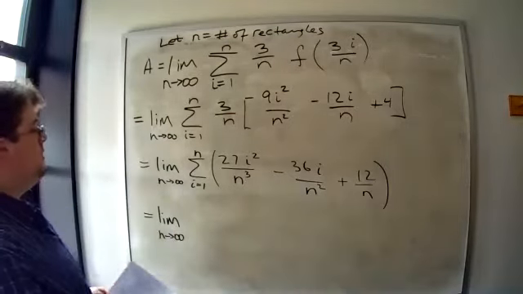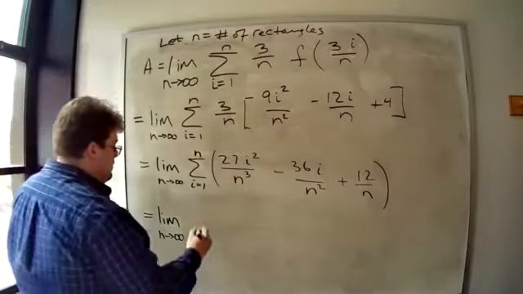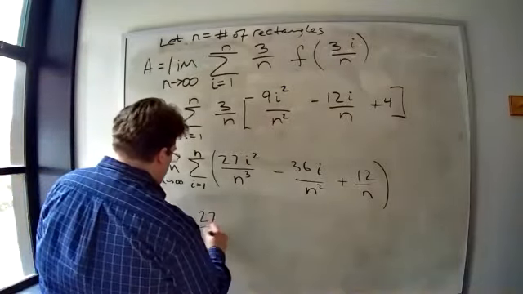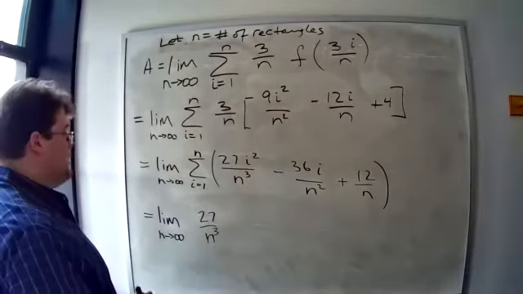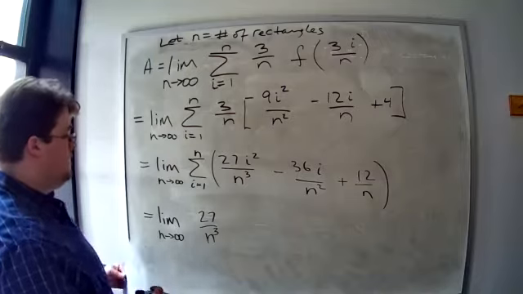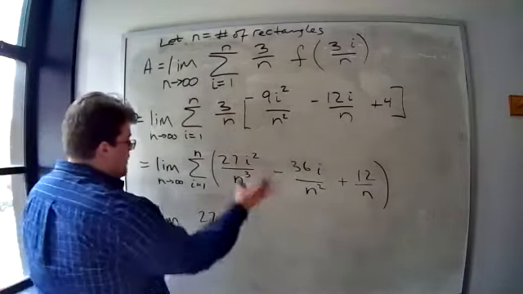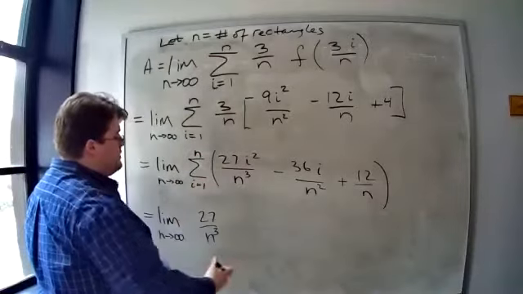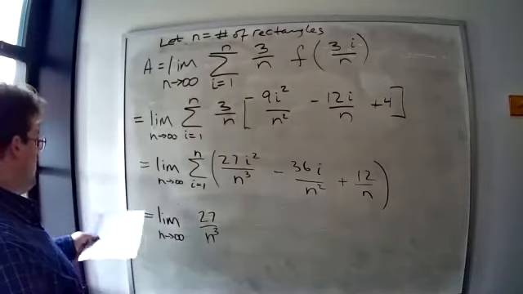for this first piece, we can split that fraction apart as 27 over n cubed and the sum of i squared. What I like to do with this is take out everything but the i squared, write that down first so that I have it, and then deal with the sum.